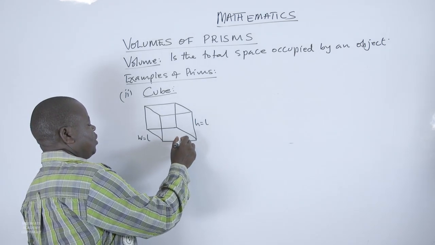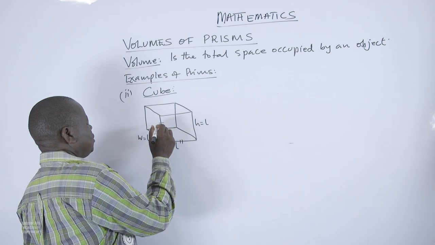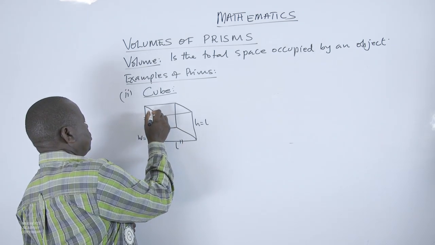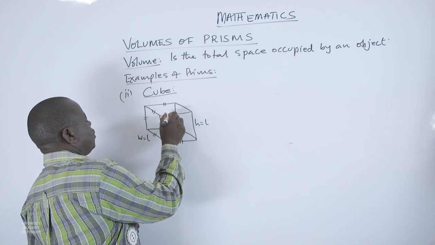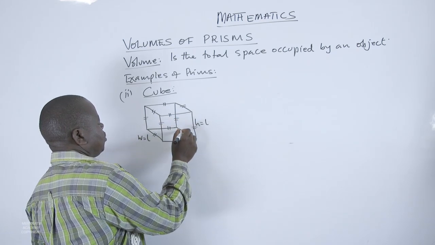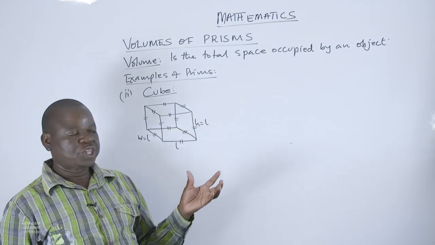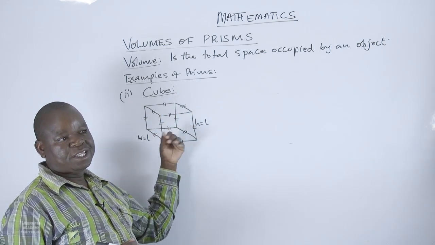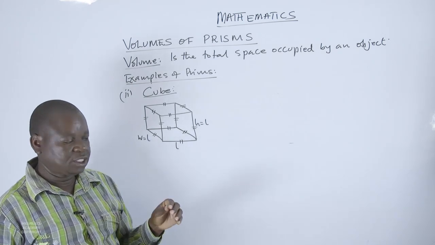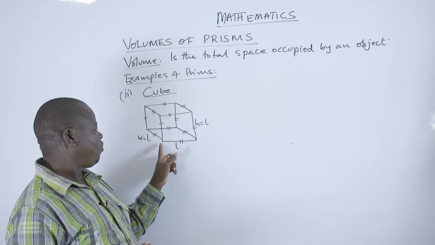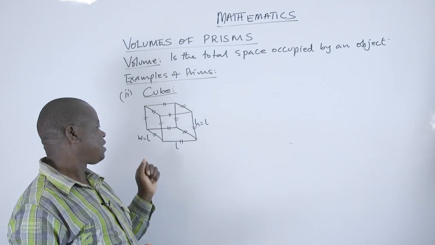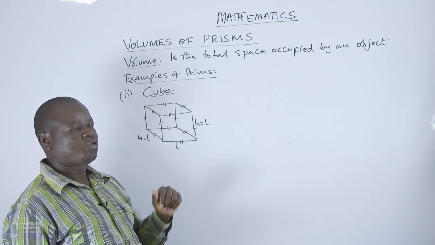So we indicate with the mathematical connotations that if all the edges are equal, the symbols we include in the figure are those. So you can see that here we have length, we have width which is also equal to length, and we have height which is also equal to length.